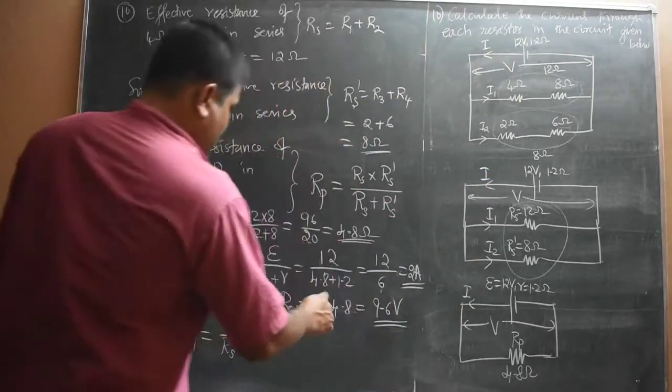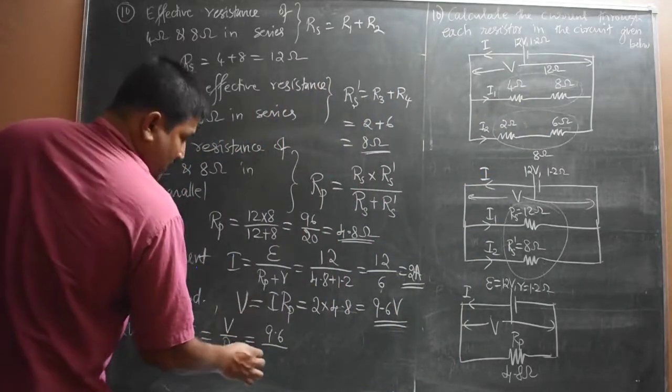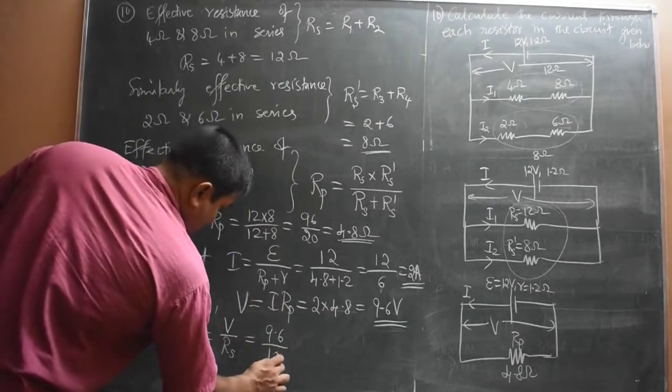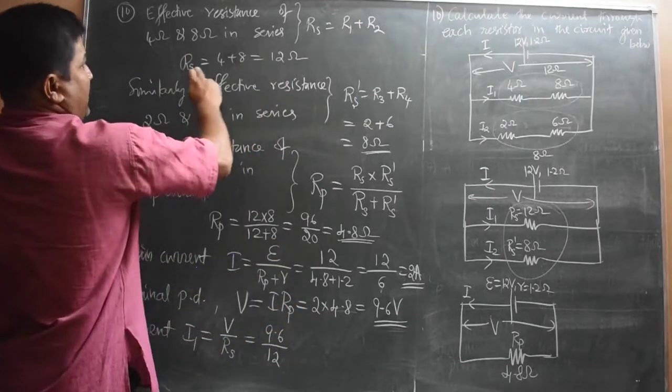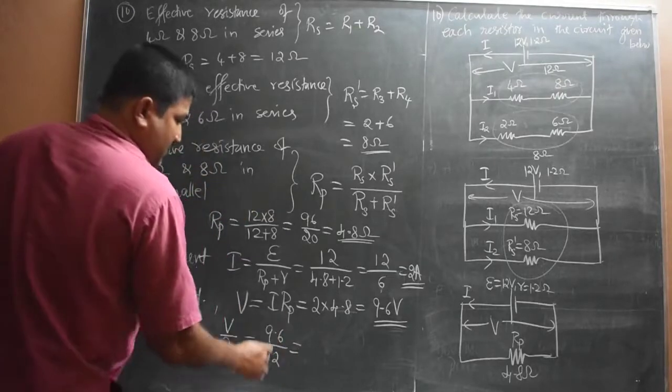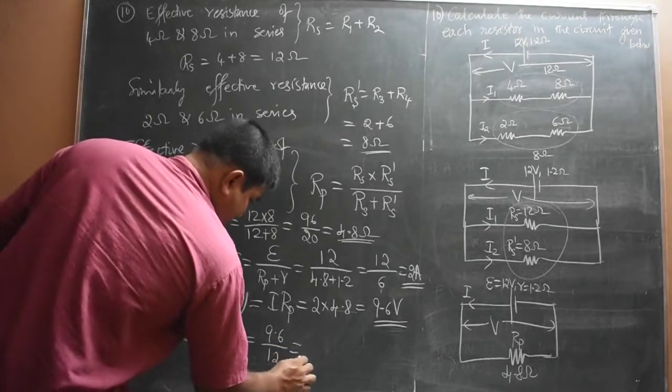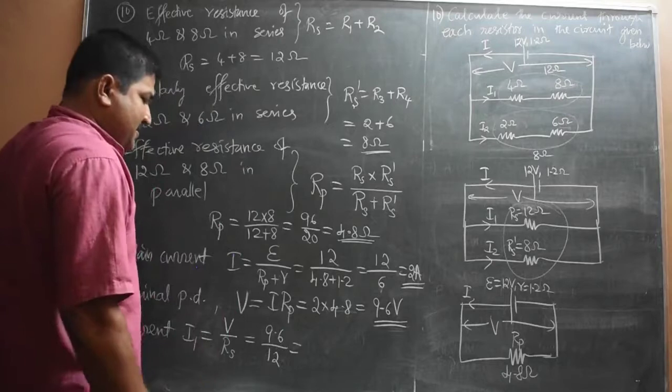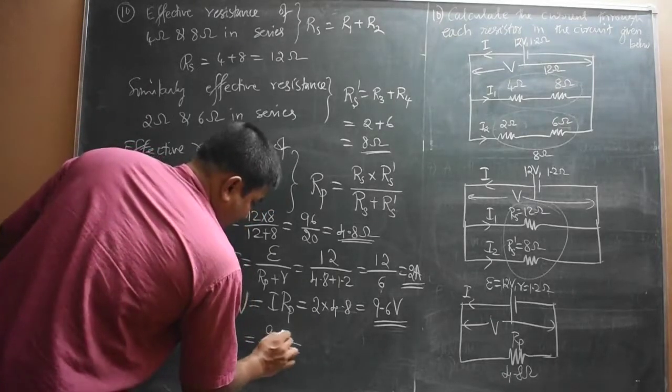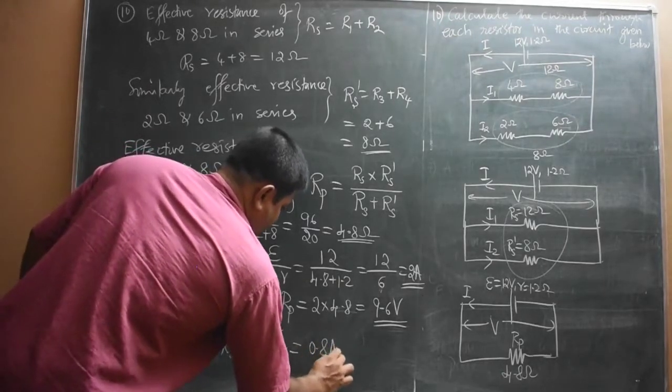So that is 9.6 divided by Rs value, that is 12 ohm. So 9.6 by 12 is 0.8 ampere.